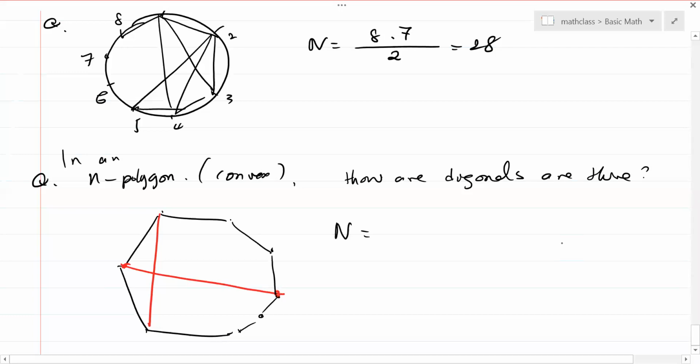I have some students show me the answers. No, this is talking about 28. That's the original problem. But I'm talking about this new one. Not 8 points, I have an n polygon.